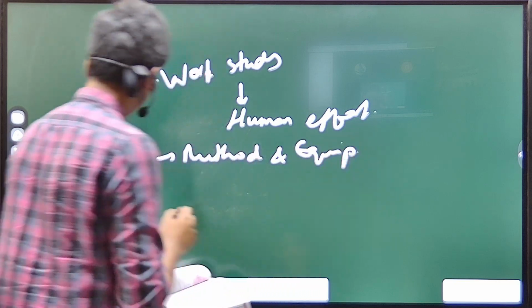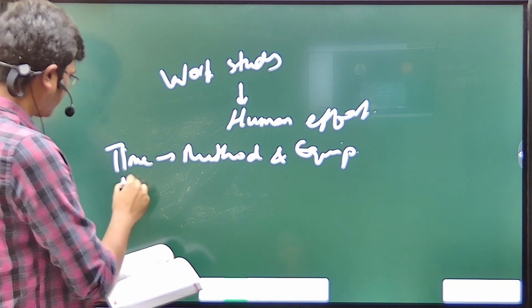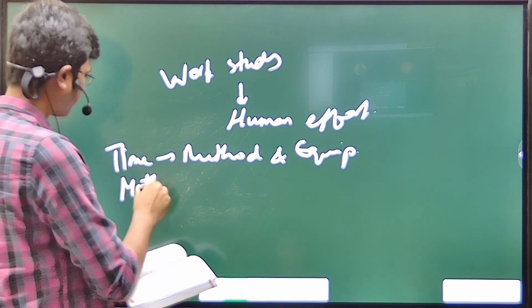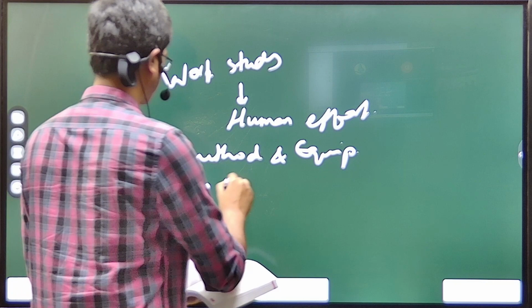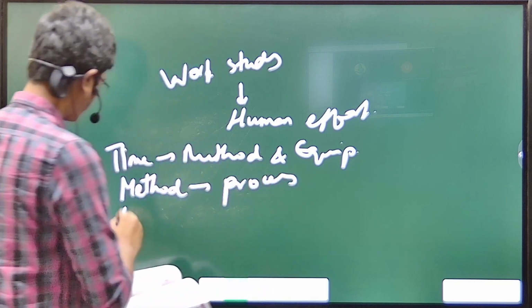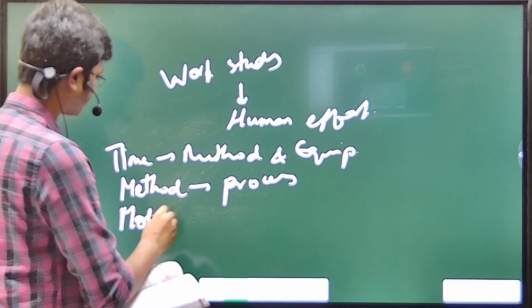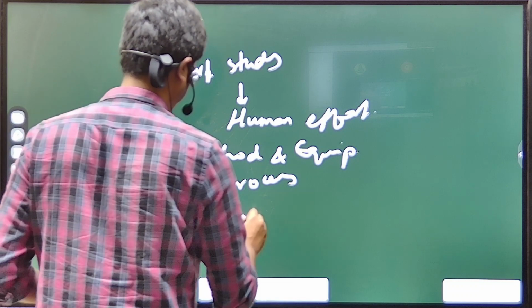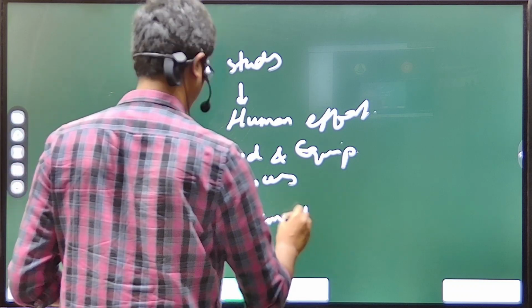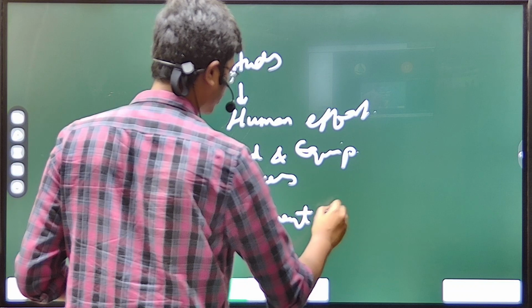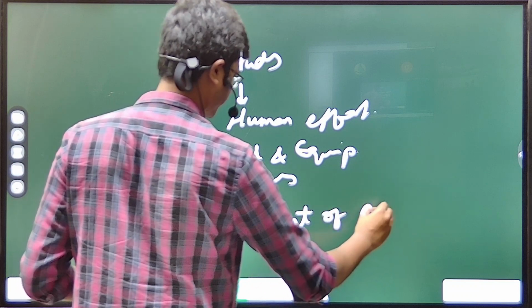Okay, this is time study, and method is just the process. Okay, and motion study deals with the movement. It deals with the movement of your process.